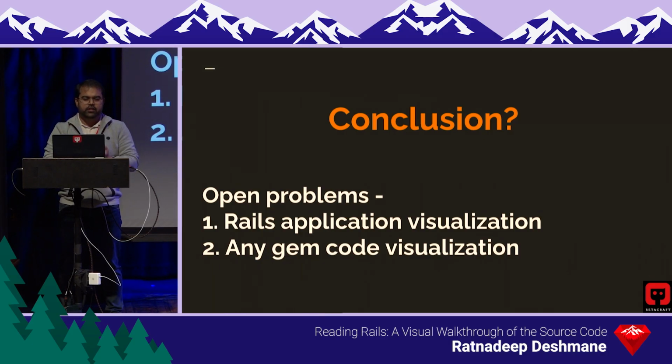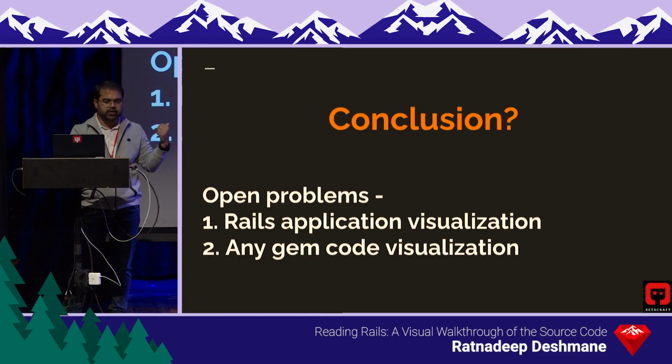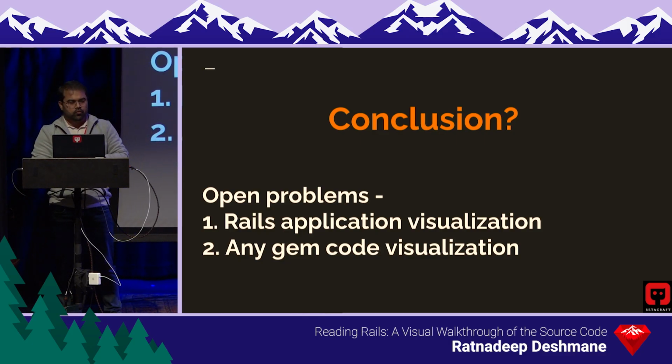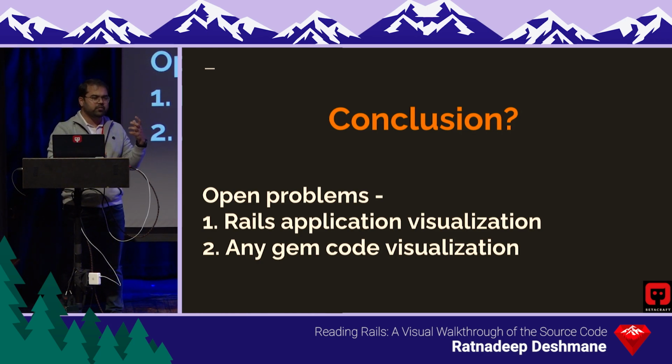So overall, for the conclusion, there are some open problems. This was for visualizing the Rails source code, but the code style and techniques followed here can also be used for entire Rails application visualization. The way this Rails visualization code base is built is that there is a Ruby script.